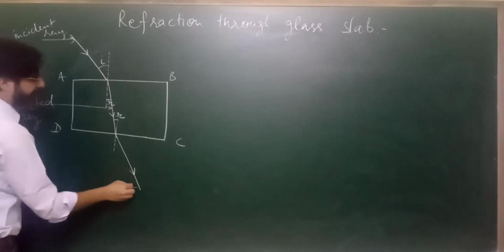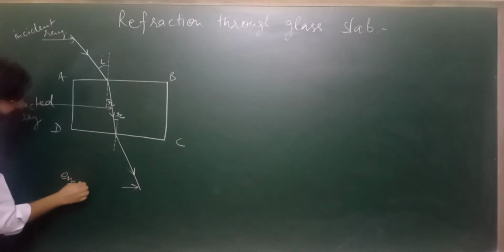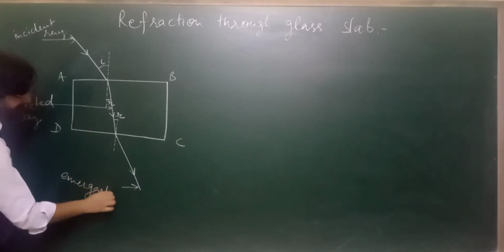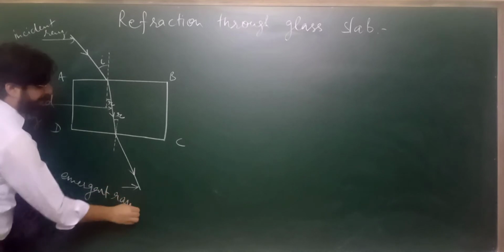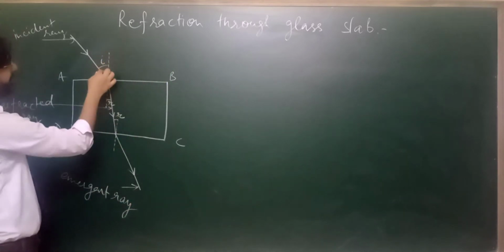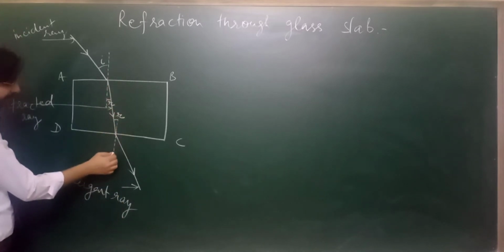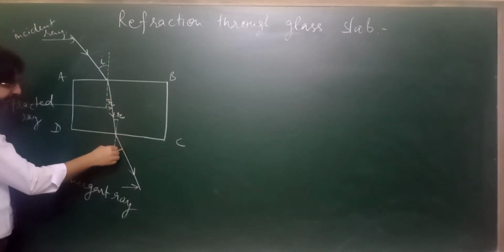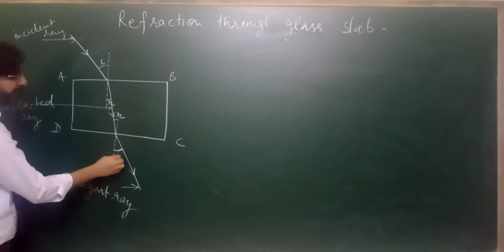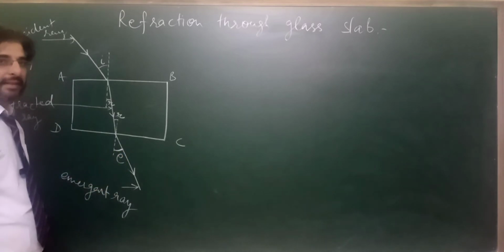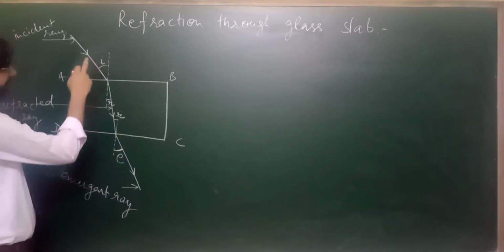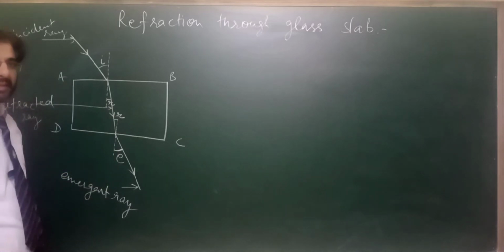And this ray is emergent ray. So practical observations are that incident ray and emergent ray are parallel to each other, and this angle is known as angle of emergence. Angle of incidence is equal to angle of emergence always.